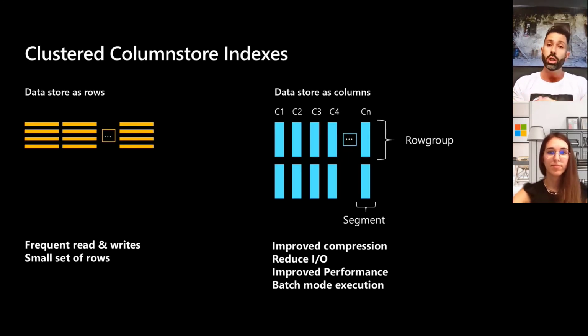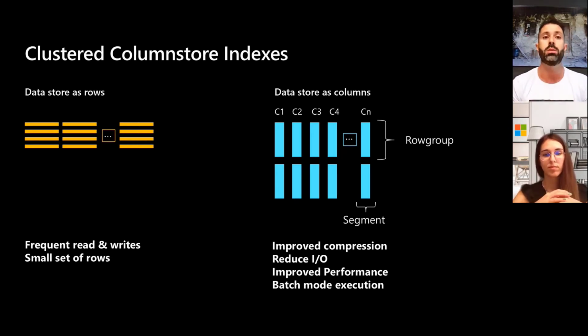Your normal index is stored row by row. But when we use a columnar format, a columnstore index, we store by column. And then we are able to improve compression, reduce I/O, and enable batch mode execution.